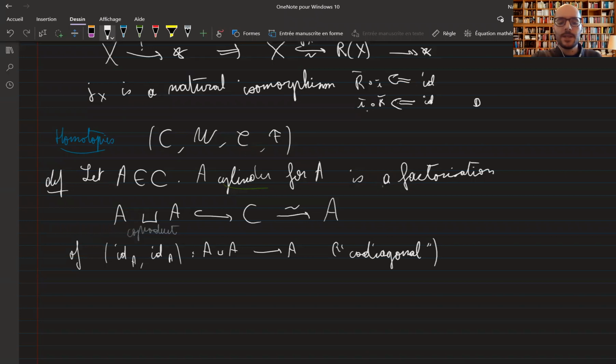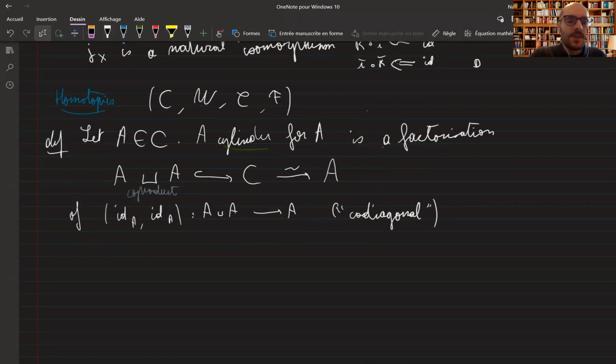So you have this map from A coproduct A into A, which is given on both factors by the identity, and you factor it as first a cofibration followed by a weak equivalence.